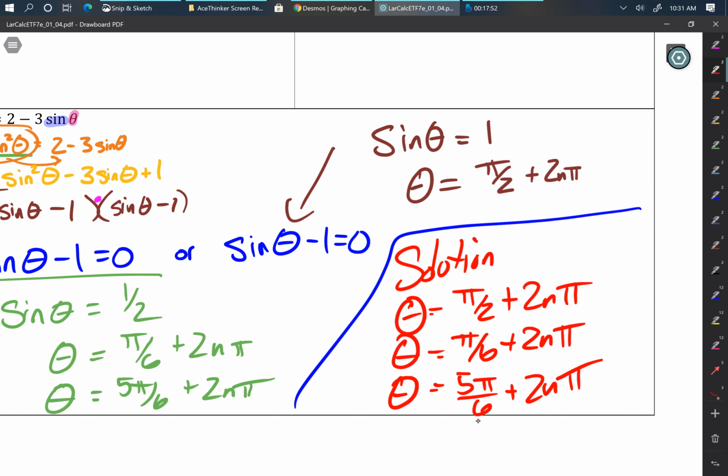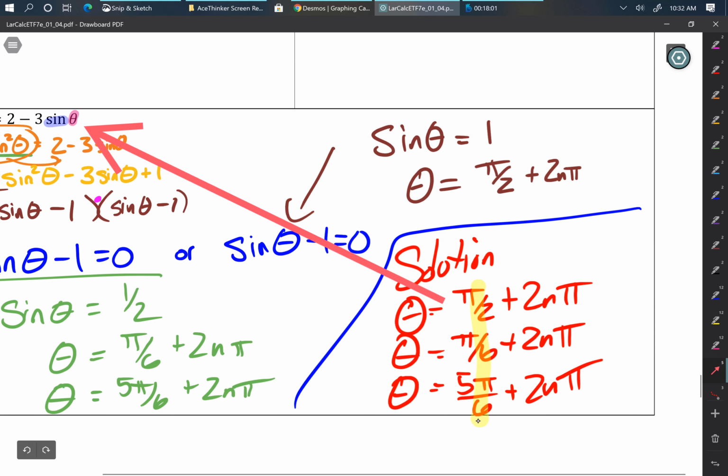Many solutions. Now, of course, if you don't trust your work, you could always take any of these values, put them back into that original equation, and check to make sure it worked. I believe in myself, so I'm going to go with this.